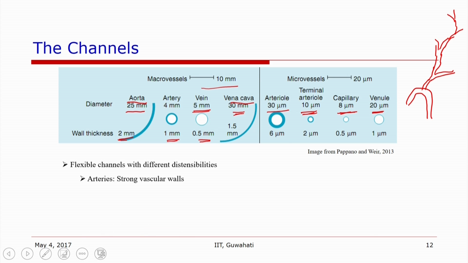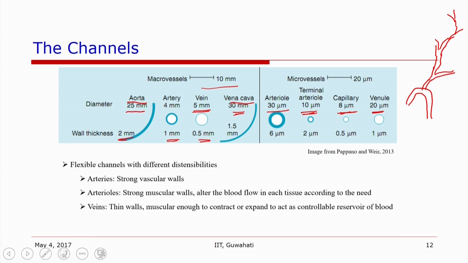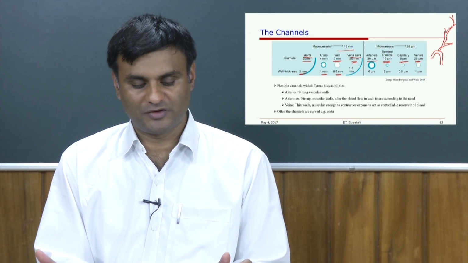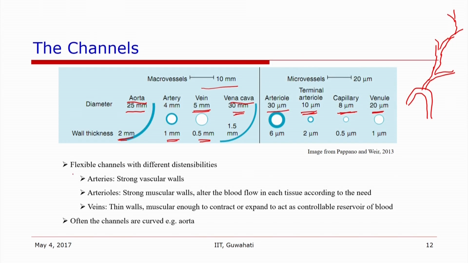In general, in the fluid mechanics course, the flow phenomena that we study are in rigid tubes, but one complexity brought in by the cardiovascular system is that the channels are flexible. Depending on their role, they have different distensibilities, or different capability to expand or contract.